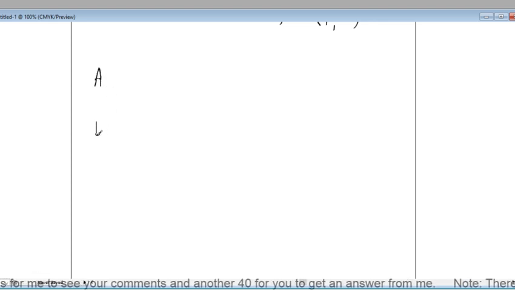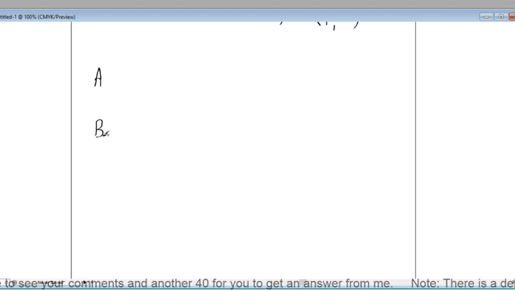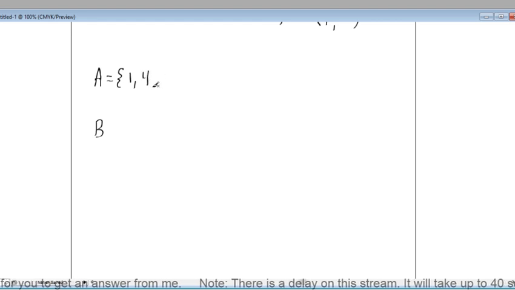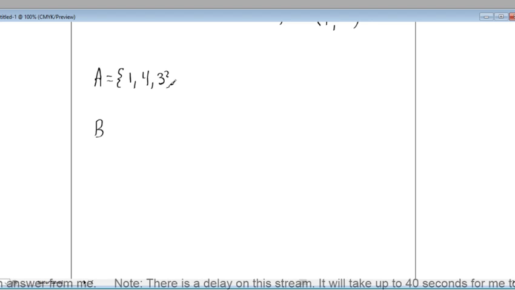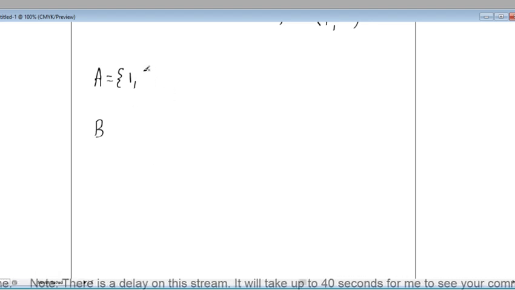So here's another way of looking at that. Let's say that I have two sets, A and B. A is a set that has elements 1, 3, and 4. Sorry, that should be in order.